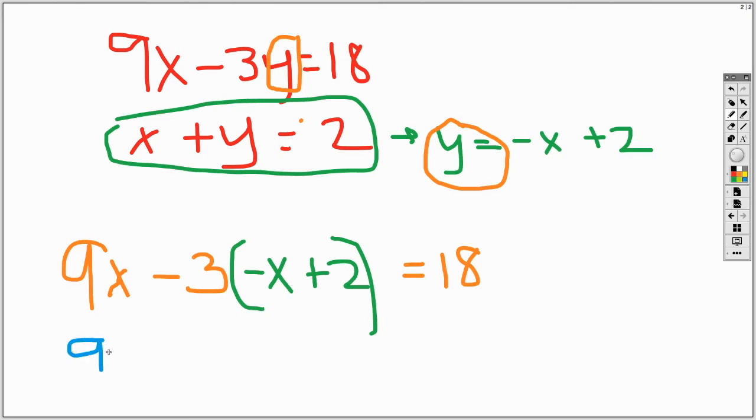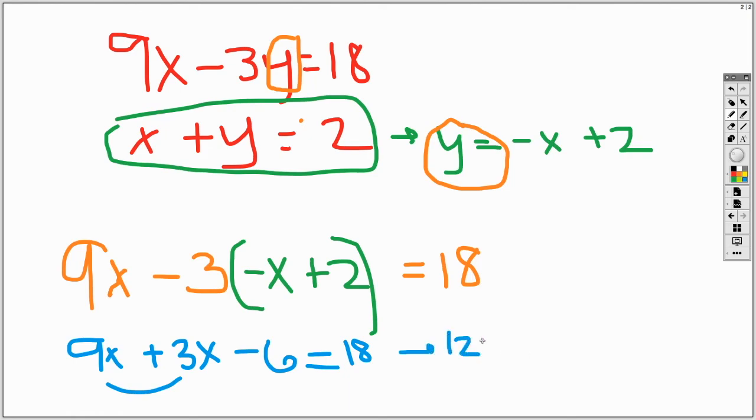So you get 9x plus 3x, and then minus 6 equals 18. I add up these terms, which leads me to 12x minus 6 equals 18. Then you solve it like any other equation, with this going plus 6.